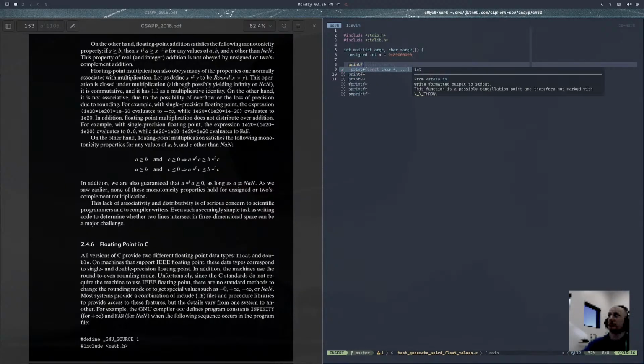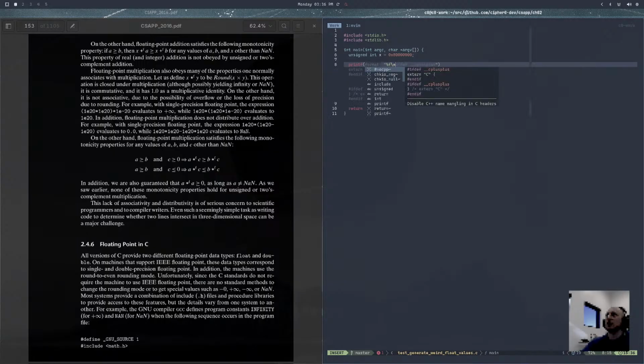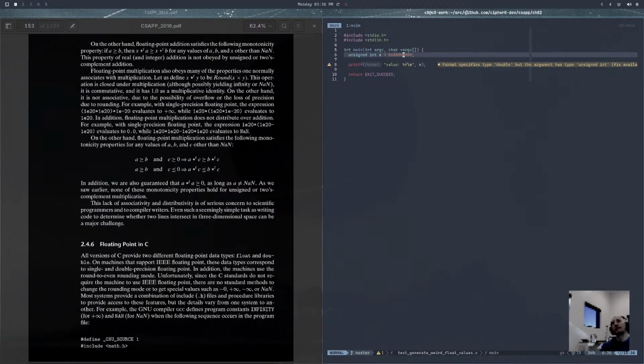So if I do printf, I doubt this is even able to be printed out, but we'll see. %f, I'll just say value is equal to that, and I'll give it x. It says format says type double, but the argument type is unsigned int. Okay, so this is where we need to convert the value to a different type. We can't just do a normal cast, because the cast would involve an actual conversion from the integer value, so we get a different bit pattern out.